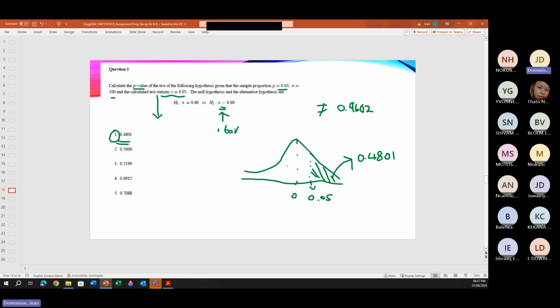Okay, because then on the left-hand side, there would have been an extra 0.4801 for the p-value. So again, it is one tail, only looking at the one side, which is 0.4801.